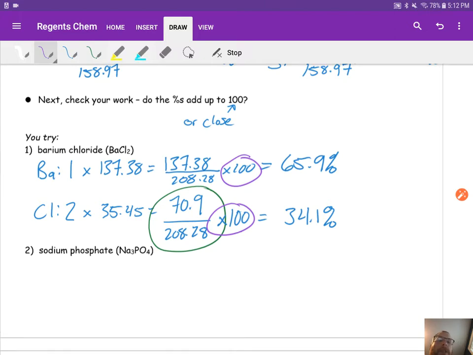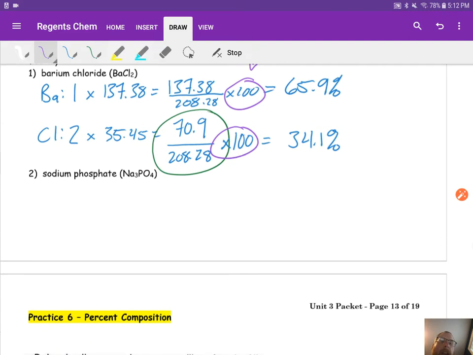You're going to see this as we go along. A lot of Regents questions only ask you for the setup. If they only ask you for the setup, you don't have to worry about the final answer. If you forget a step, something so easy like times 100, you will lose all credit because it's part of the setup to get to a percent.